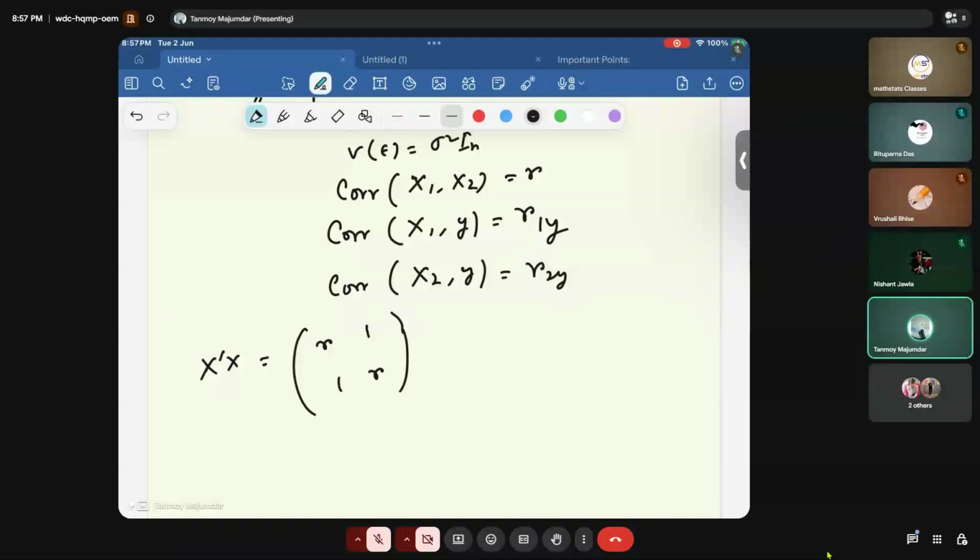Let me check, I wrote it wrong, that is 1, 1, r. And here X dash y is simply a vector, that is r1y and r2y. So this is the setup, X dash X and X dash y.